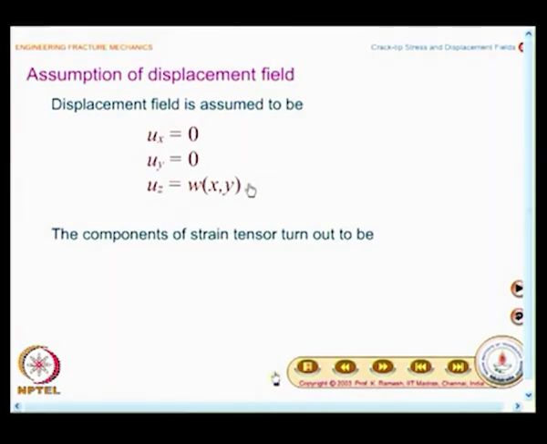And this has worked. People have taken this as a possible displacement field, and in displacement formulation what do you do? You have the displacements. From displacements find out strains, from strains find out stresses.